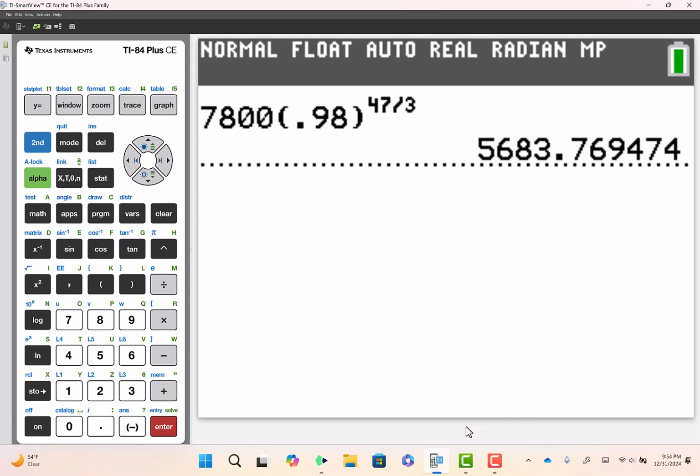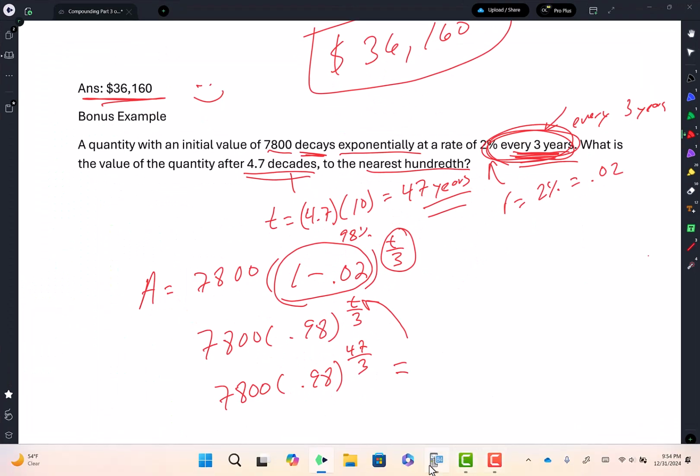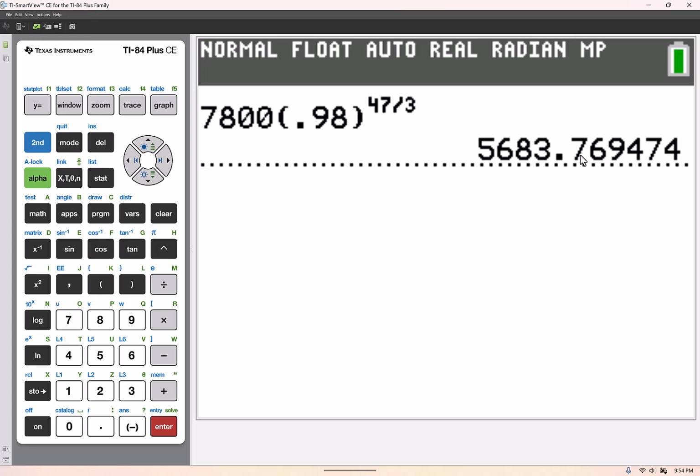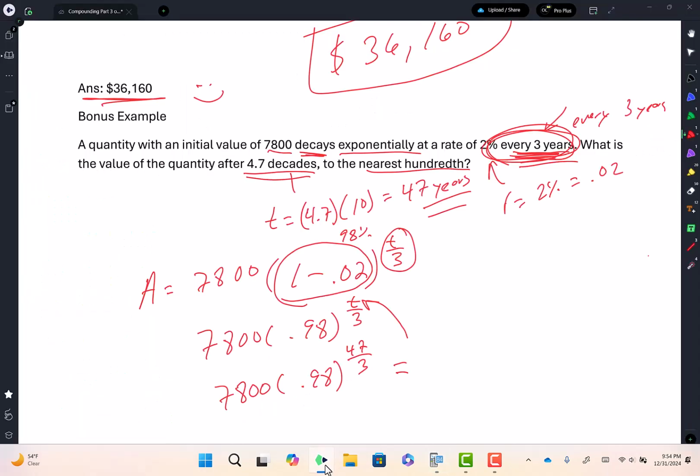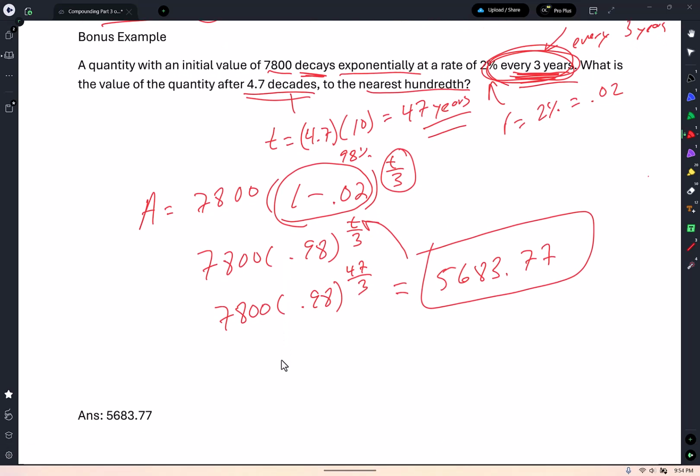Nearest hundredth, you're going to go to this guy right here, because the 9 is the thousandths, so you're going to say 5683.77. And there it is. Let's see if we got it. Yay, we did, guys.